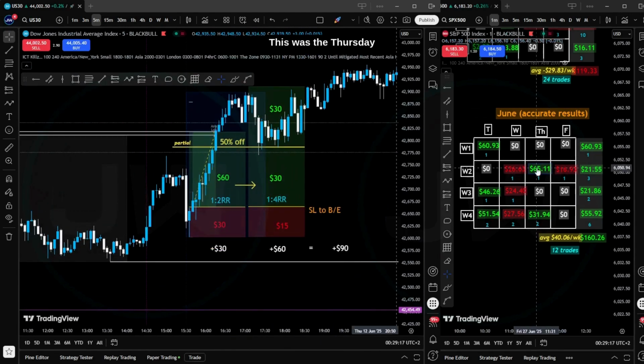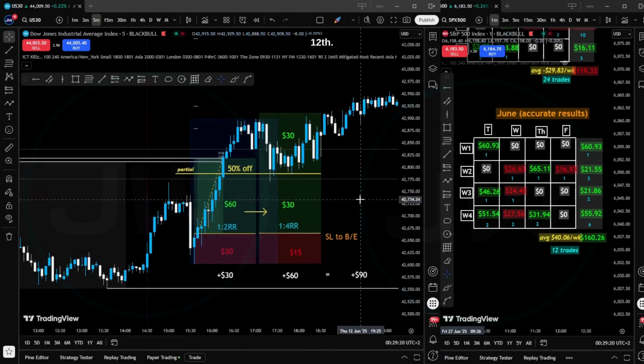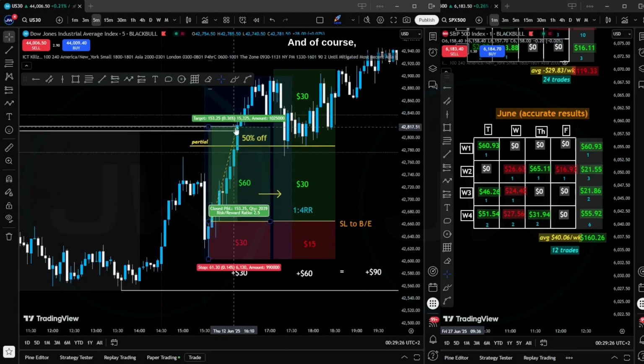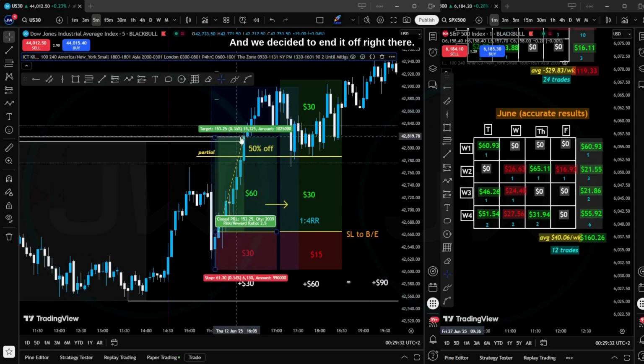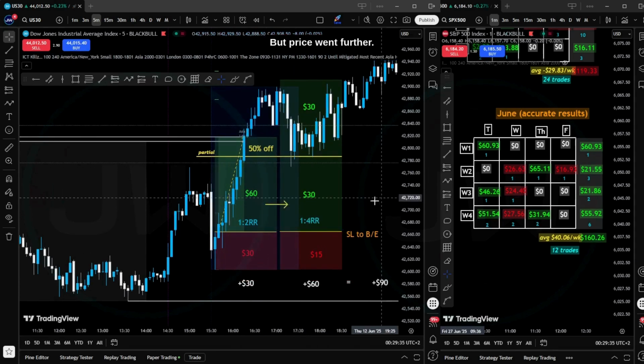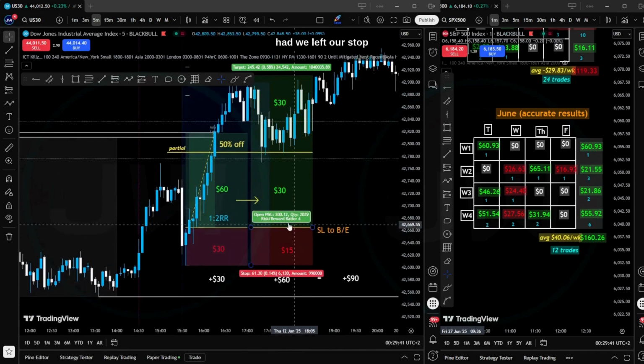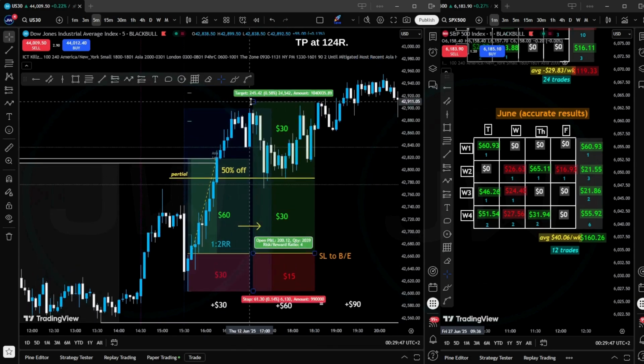This was the Thursday 12th. This was our trade. We trailed our stop loss, and of course we hit our final TP over here, and we decided to end it off right there. But price went further, and we could have claimed a lot more profits had we left our stop loss where it was and kept our final TP at 1 to 4R.